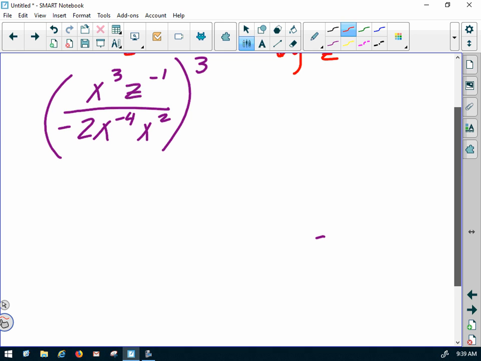What's this to the third power? X to the ninth. What's this to the third power? What's this to the third power? Negative 2 times negative 2 times negative 2.